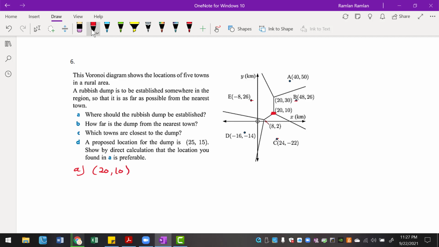Okay. Question B. How far is the dump from the nearest town?